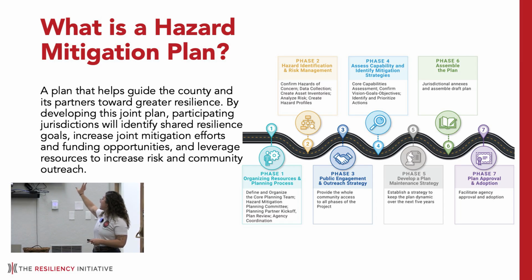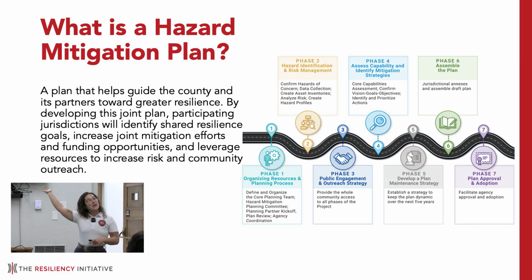This is a graphic that I did not make. It is from FEMA, but essentially what you see here is the 5 phases of what the hazard mitigation process looks like. Like I said, it is on a 5-year cycle, and that is a federally regulated cycle. To receive that funding as it comes, the plan does have to be updated every 5 years.